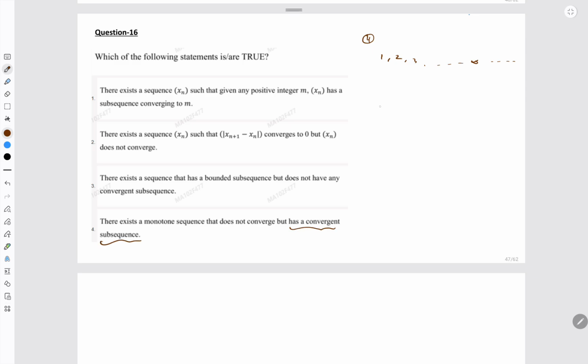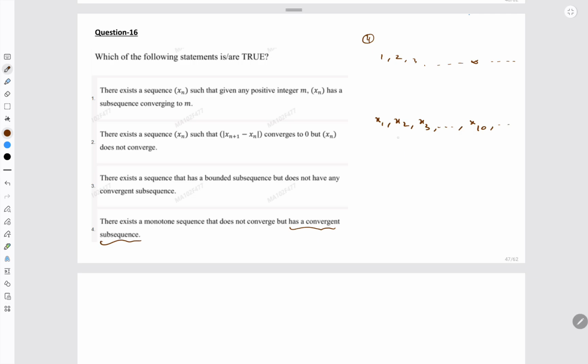What is the meaning of subsequence? If I have a series x1, x2, x3, x10, till infinity, then for a subsequence you have to pick numbers. You can pick this number, and then you have to pick numbers after this number, so you have to pick in increasing index order.